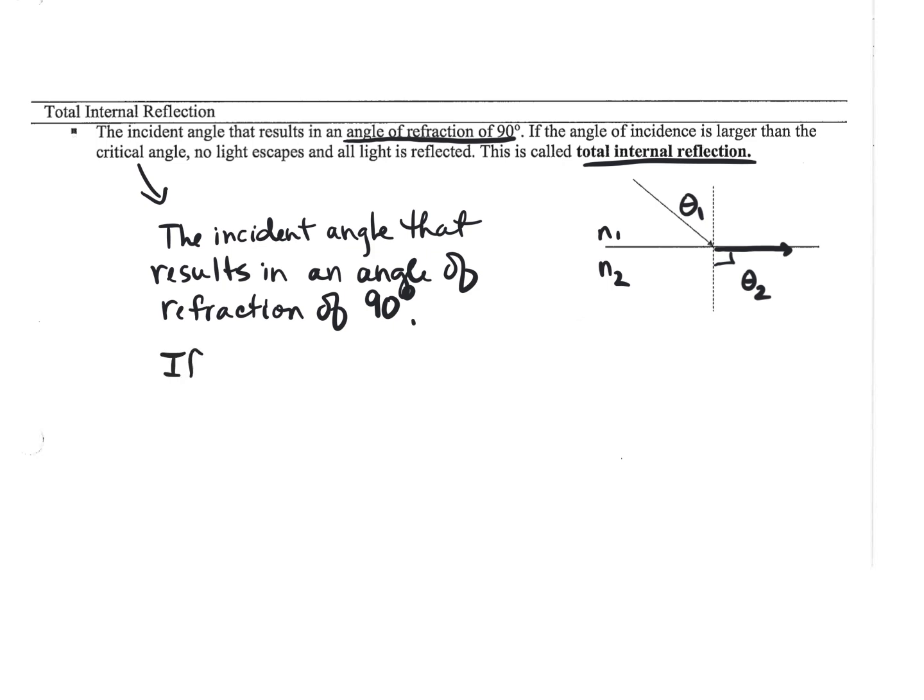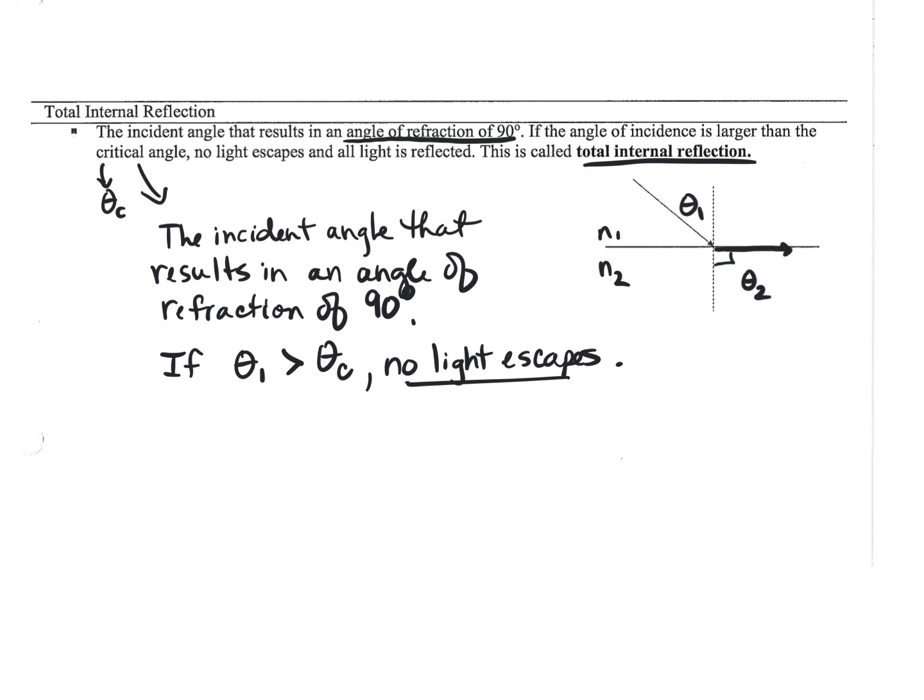If theta sub 1 is greater than theta sub c, which is the critical angle, okay? So critical angle is theta sub c. No light escapes.